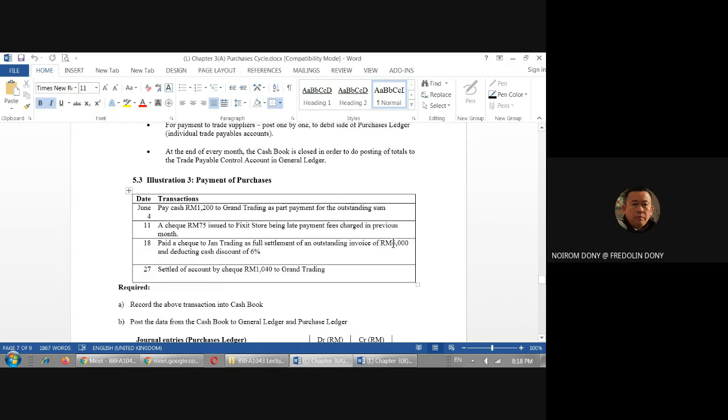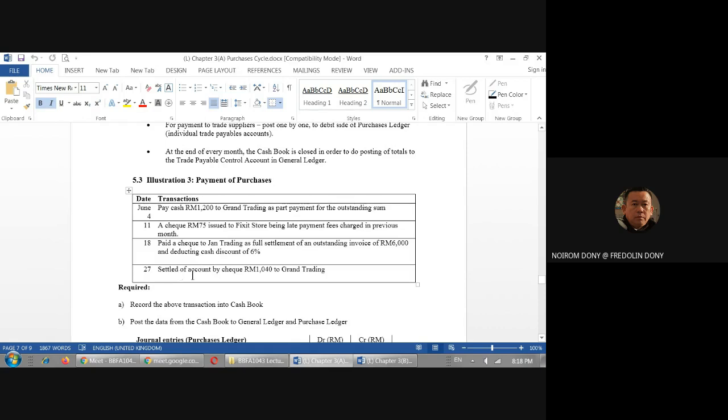So meaning the check amount, you have to reduce by the cash discount of 6%. Right? So meaning to say only 94% will be the check amount, and then 6% will be your discount received. Okay, so we go through the transactions further, and later we go through how we record.